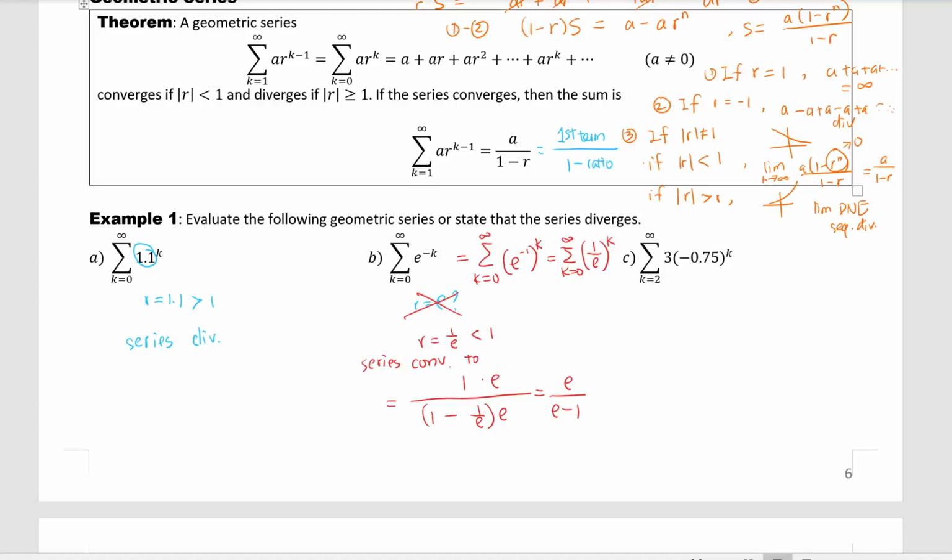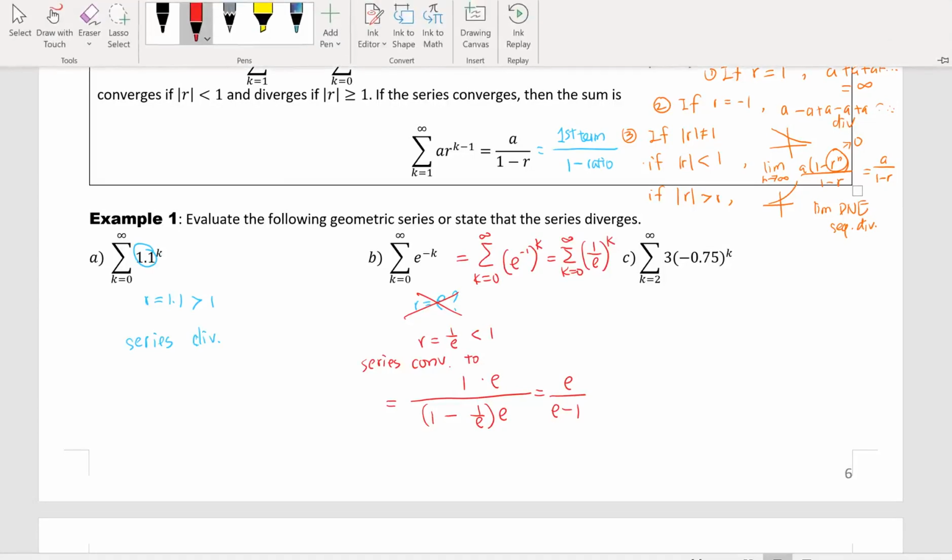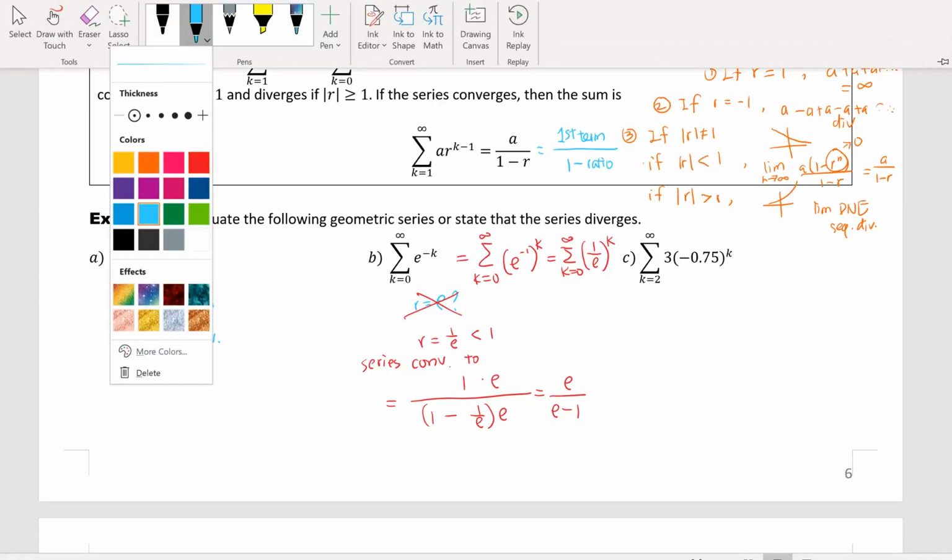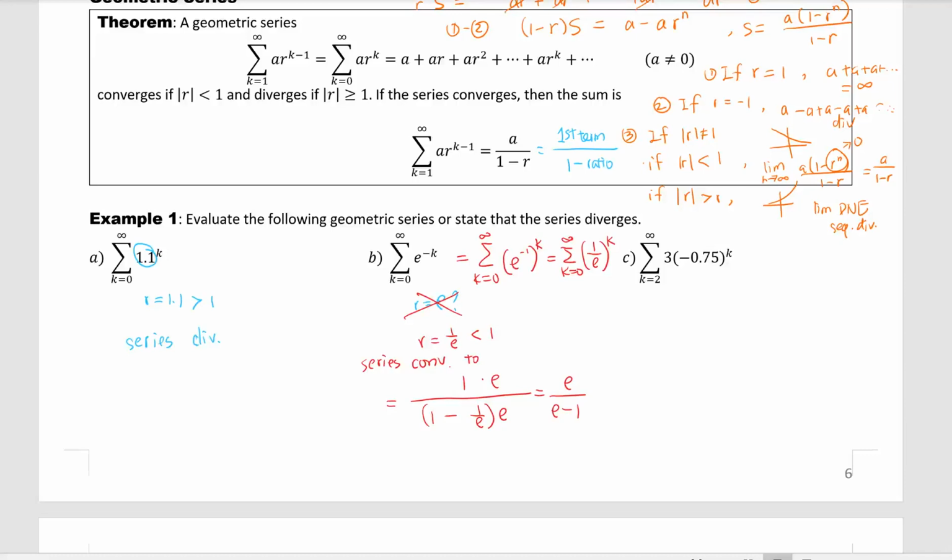All right, how about the next one? R is whatever is under the k. So r here is minus 0.75. So the absolute value of r is 0.75, which is less than 1.